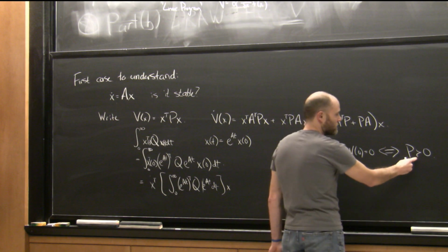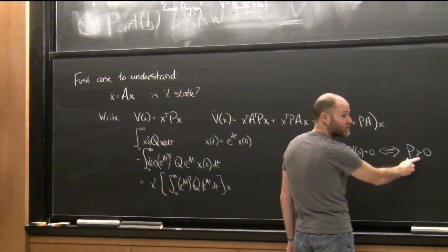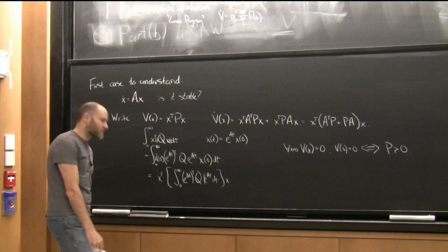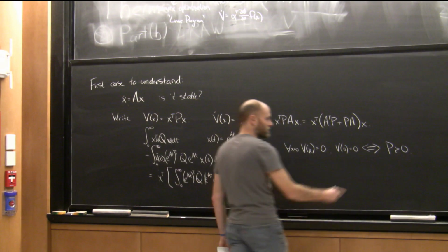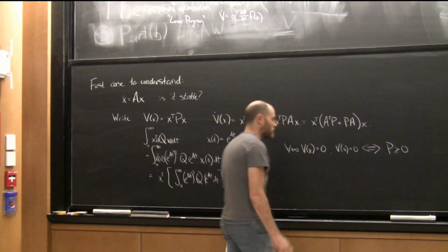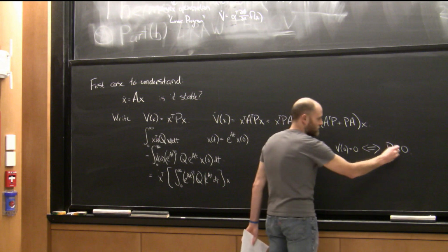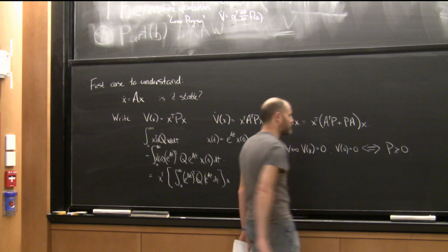I'll try to remember to use the little bit more squiggly version of the inequality for matrix inequalities, as opposed to a scalar. This is a scalar. If it's more curly, that's my positive definite.